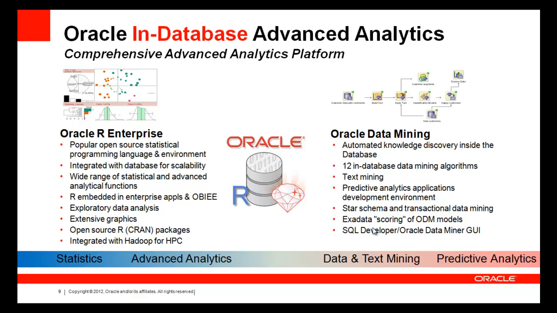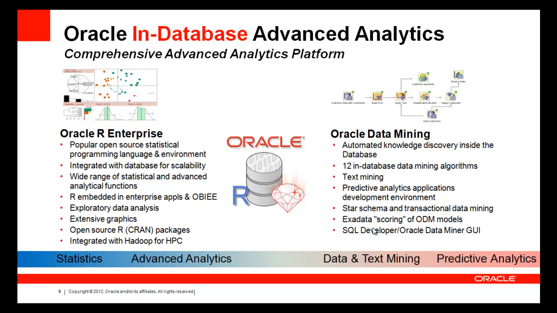On the left-hand side, we have a new component of the database called Oracle R Enterprise, which takes the very popular open-source statistical programming language called R and integrates it with the database for greater scalability and performance. And in Oracle R, you don't need to move the data either in most cases. You still can. You can pull the data out and run it in R, but the challenge with R has been that it's memory constrained and a single-threaded process.